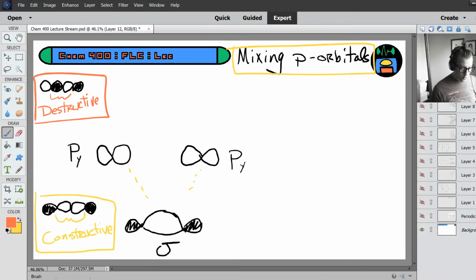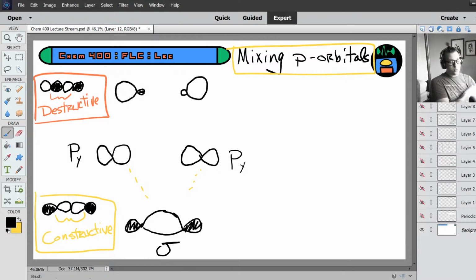And that destructive orbital overlap creates a sigma star antibonding orbital. What happens is those two orbitals in the middle, the two lobes of the orbitals that are out of phase in the middle, cancel each other out, and you form a sigma star antibonding orbital.